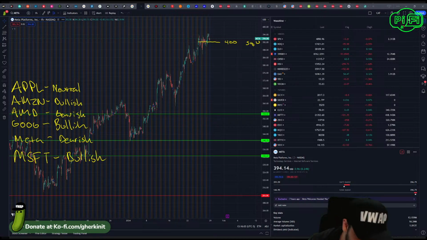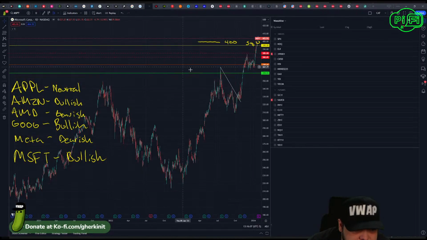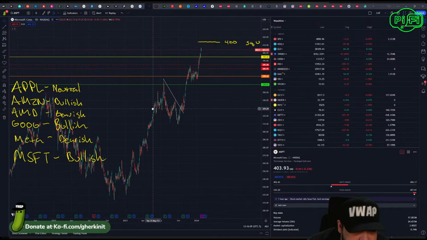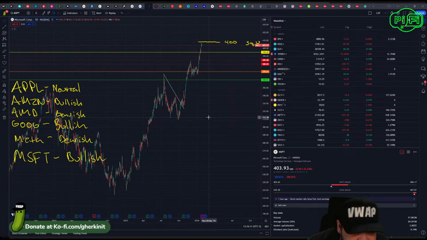Oh, I gotta change the chart here. Sorry, I'm looking at two different charts. So at the 400 level, we could see sold calls squeeze off. We haven't yet. They're still there. They've been kind of compounding.